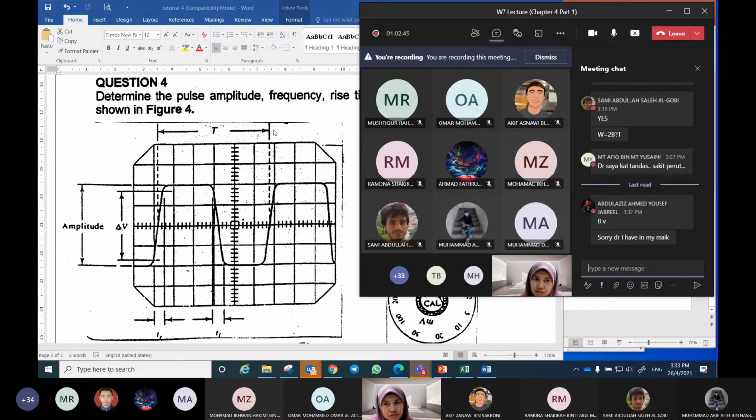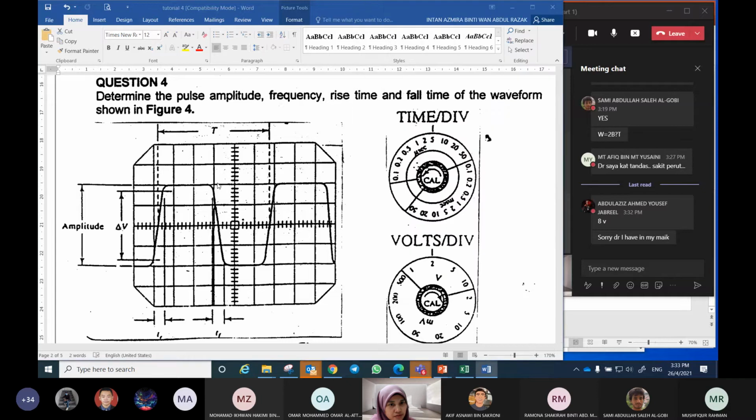Mushfiqur Rahman, how to calculate? How to get that 8 volts?